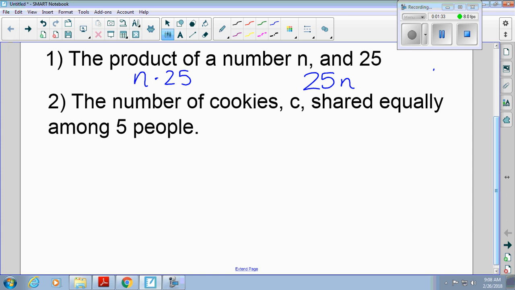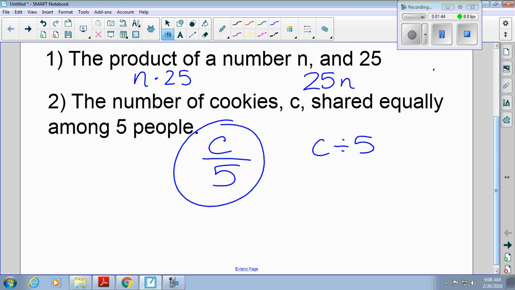So what would that look like? C over 5. Very good. I like that you did that as a fraction. Some people probably wrote it like this, but this way right here is the more typical, more advanced way of writing that. Okay? Any questions? Who here had both of those correct? Very good.